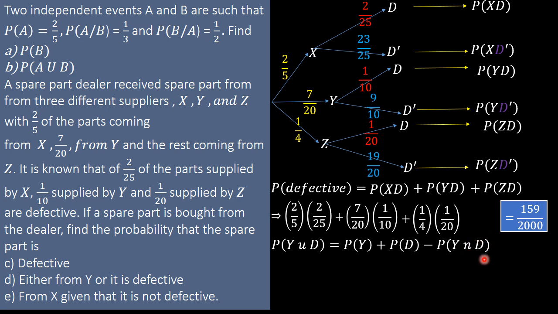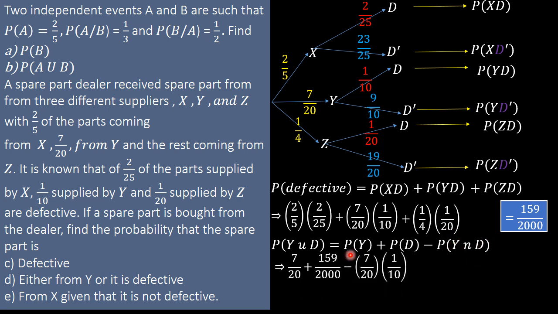So we are going to have the probability of it coming from Y plus the probability that it is defective, that is of having a defective part, minus the probability that it comes from Y and is defective. Great. So friends, we know that these events, after drawing our tree diagrams and seeing them, are independent events. Okay, so in such a case, we are going to multiply the probability of Y intersection D. Sorry, we're going to multiply the two probabilities.